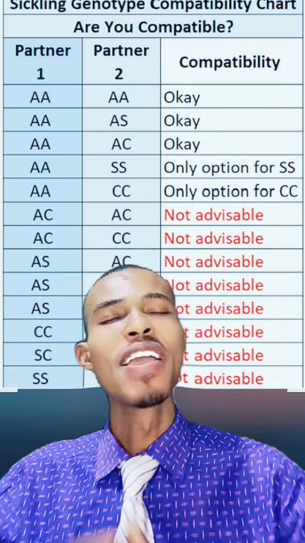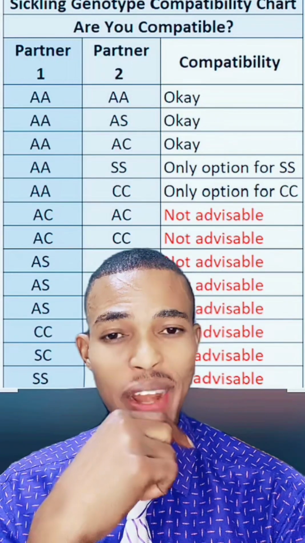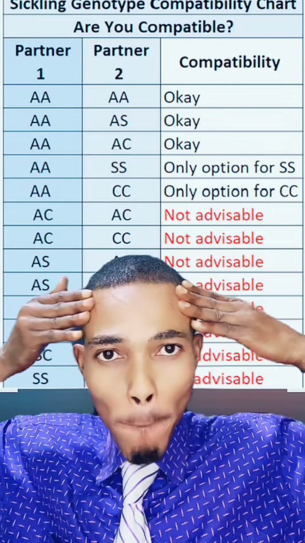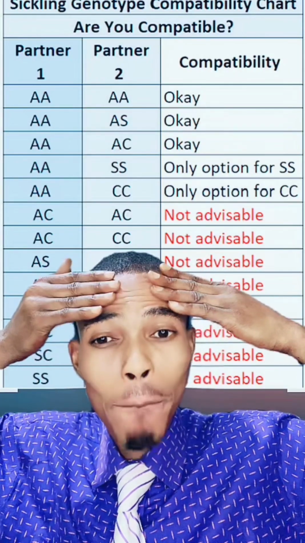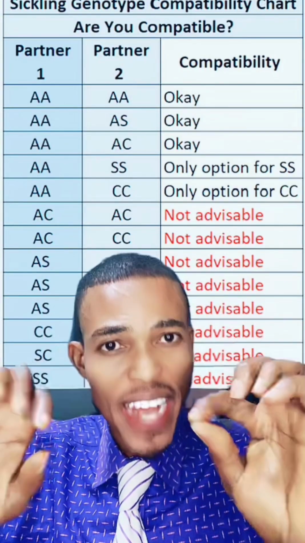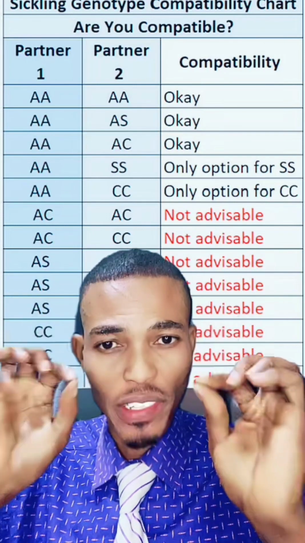Now, another sign of sickle cell disease, or what is very common in sickle cell patients, is their forehead. We call that frontal bulging. Remember, everything that I say, I explain the science behind it, why it happens. Frontal bulging.